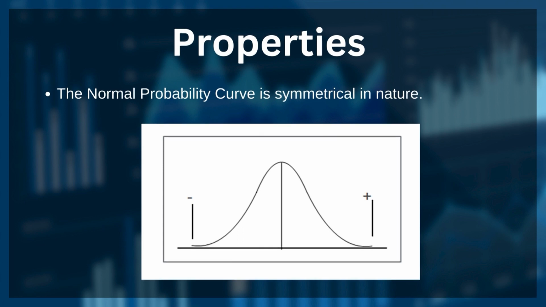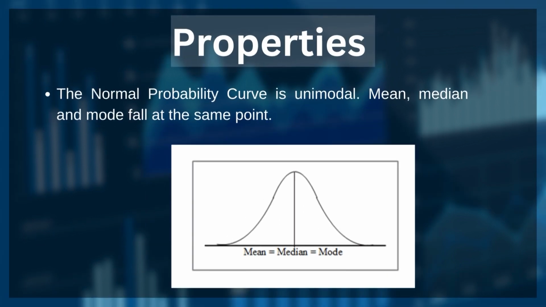The second property of normal probability curve is that it is unimodal. Now, what does this mean? Unimodal means that the mean, median and mode fall at the same point. So, in the normal probability curve, the mean, median and mode of the data fall at the same point.